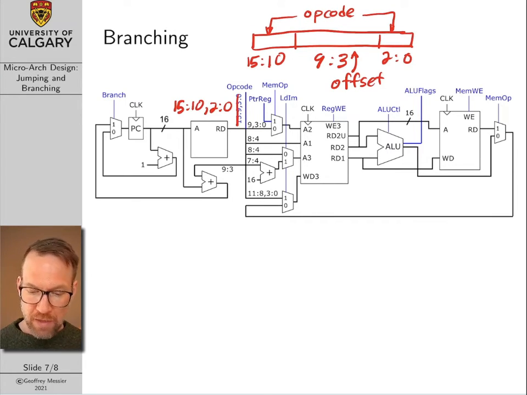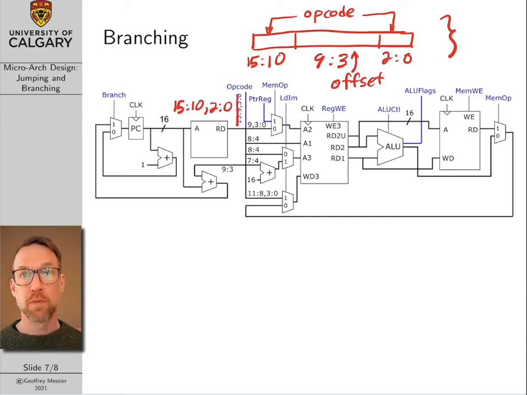So I didn't pre-draw it on the slide, but this is the machine language format of the branch equal command. So bits 15 through 10 and 2 through 0 are used for opcode to identify the command. And bits 9 through 3 store our 6-bit offset.